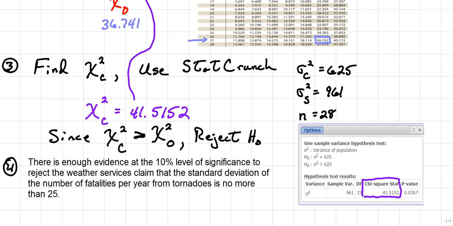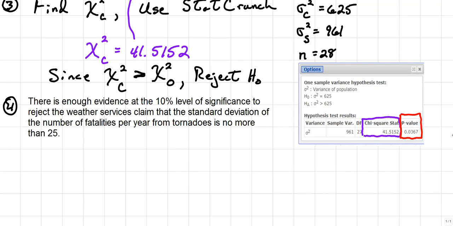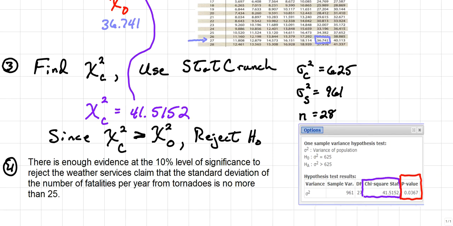Another thing that we can look at is the fact that there's also a value in this pop-up called the p-value. The p-value method of determining rejection or fail to reject is simply this. Go ahead and do the exact same process that we're doing, except calculate the p-value.